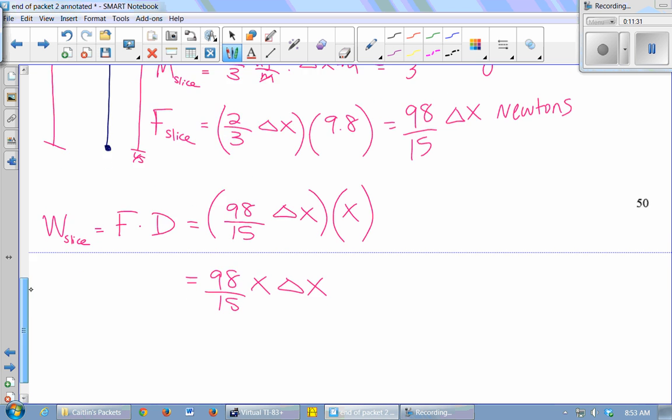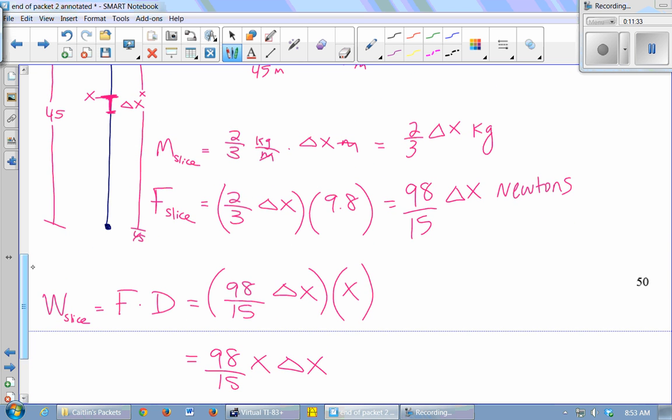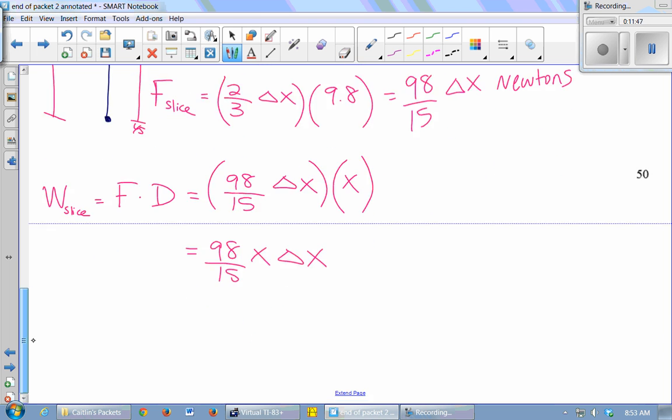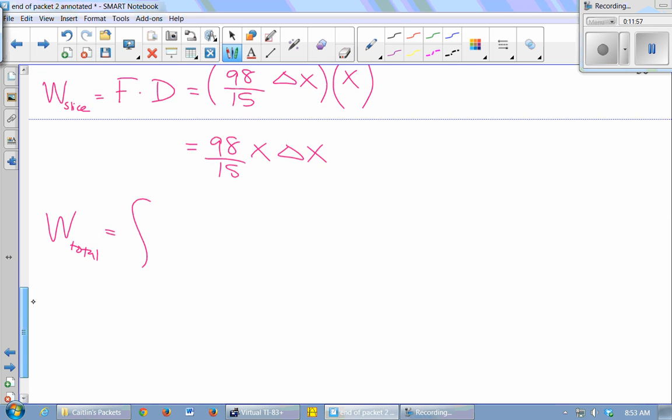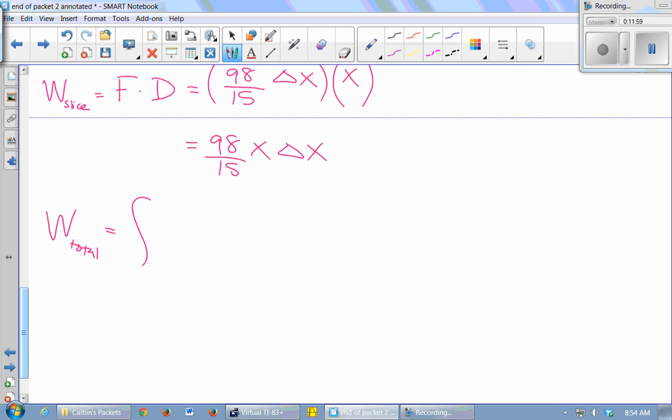So to find the work done on the entire length of rope, I have to add up the work done on many, many little slices of rope. Right? Just do this exact calculation many, many times, add them all up, and when you add them all up and take a limit, you're going to end up with an integral. So my work total is going to be an integral where each term in my sum looks like that.